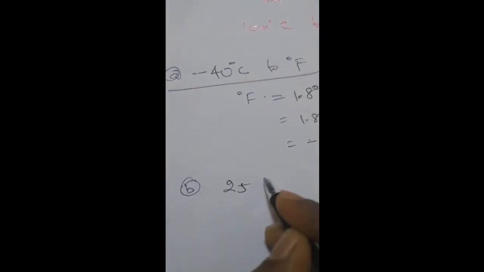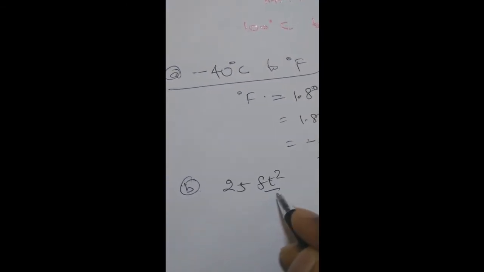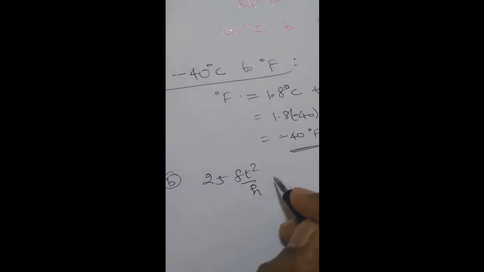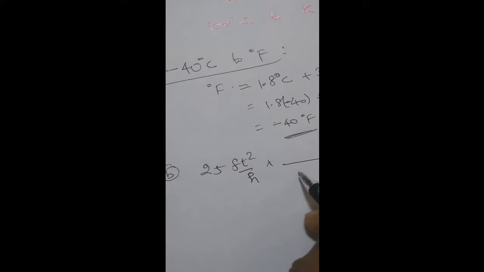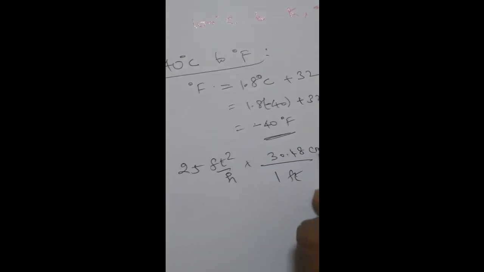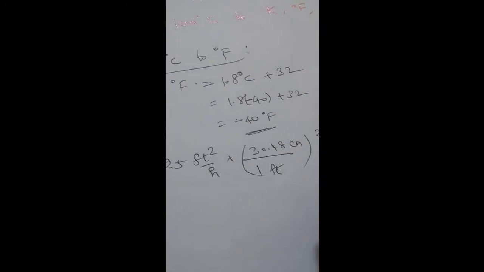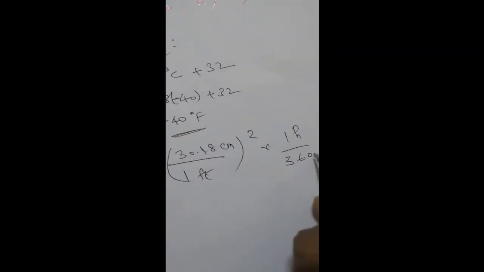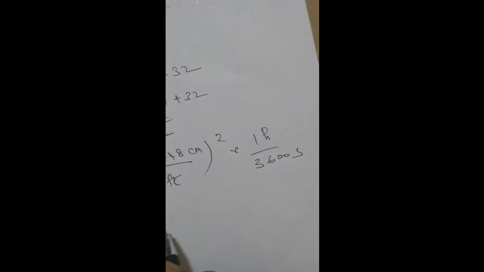Convert 25 feet square per hour to centimeter square per second. To convert that, what is the conversion factor? 1 foot is 30.48 centimeters, squared, and 1 hour is 3600 seconds.